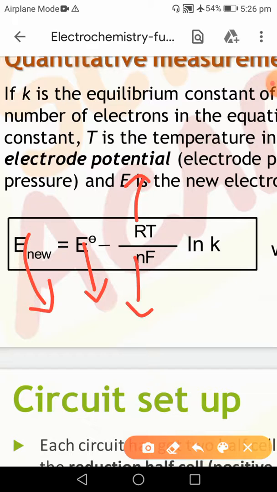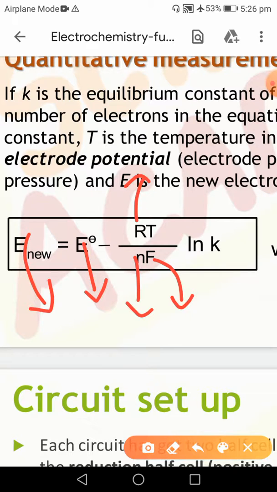We will consider N later. F is known as the Faraday constant, which has the value of 96500 coulomb. How the value has been derived, we will talk about later.